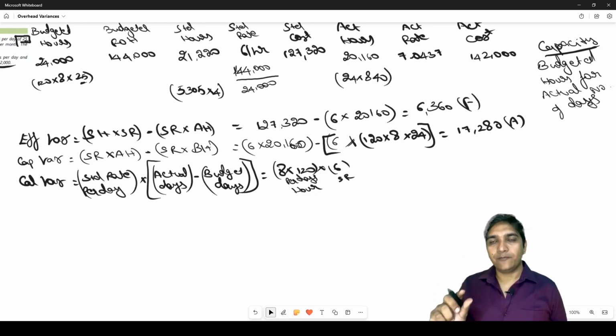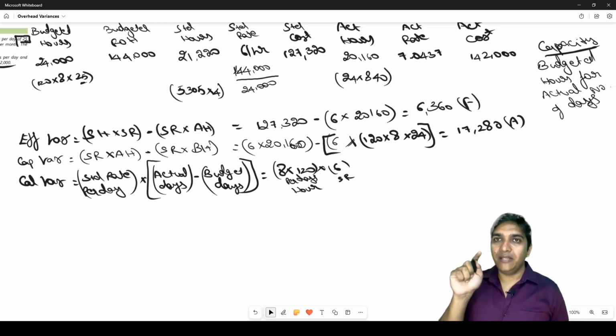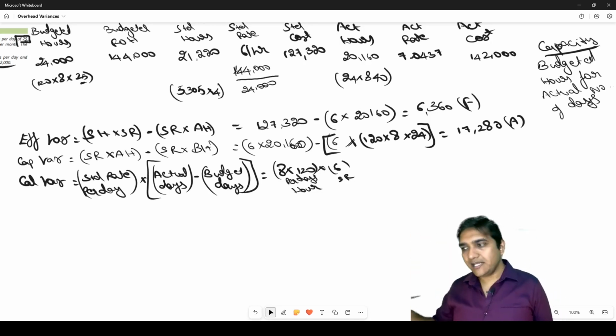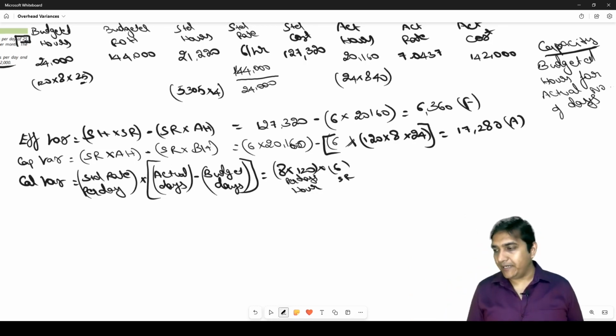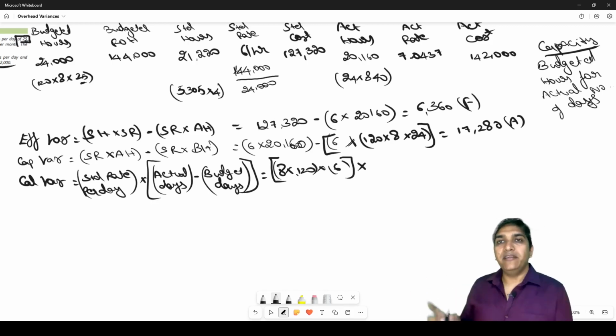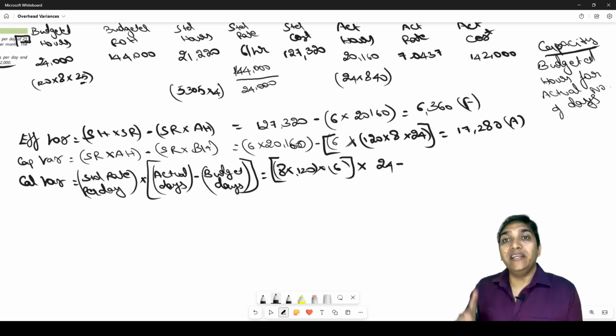So 120 into 8 becomes my number of hours available in a day, multiplied by my standard rate of 6, or my absorption rate of 6, becomes my standard rate per day, into actual number of days worked. How many days have I worked? 24. Minus how many days I had budgeted to work? 25. Where do we get this information?